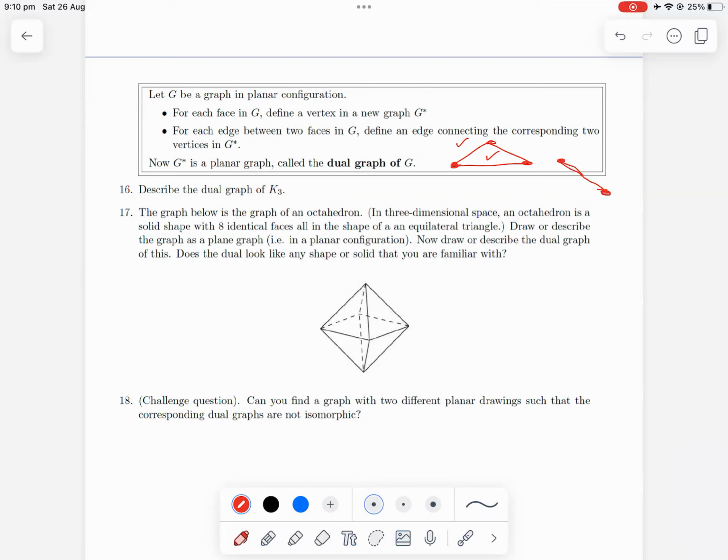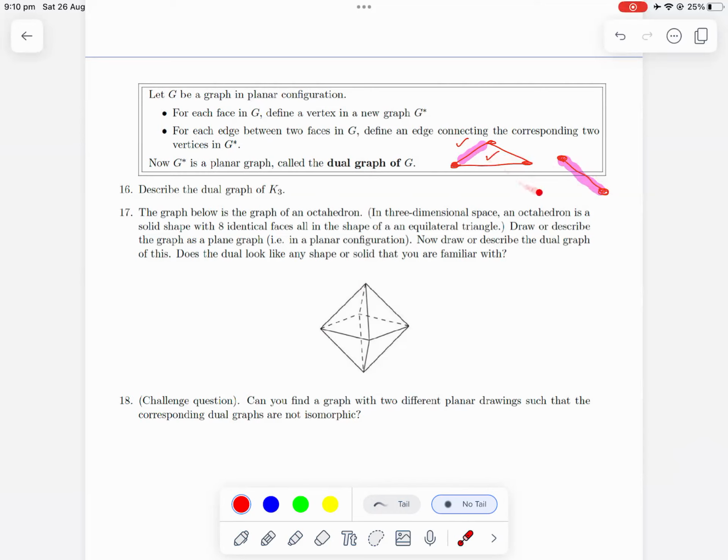Because of this edge between these two faces, I have one edge here.